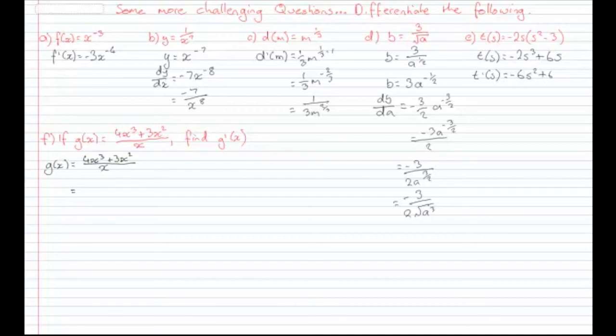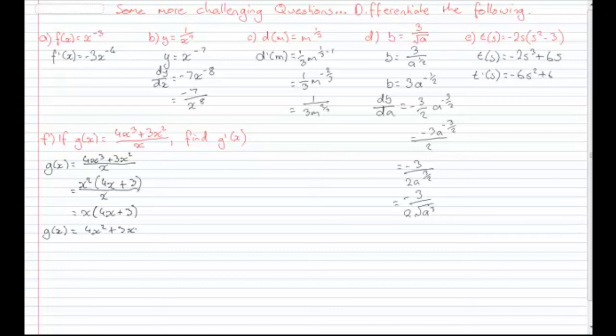Factorise the numerator by taking out a highest common factor of x squared. So you got x squared, 4x plus 3 over x. Cancel down the fraction by taking away a factor of x. So you get x bracket 4x plus 3. Expand, so you get g of x is equal to 4x squared plus 3x.